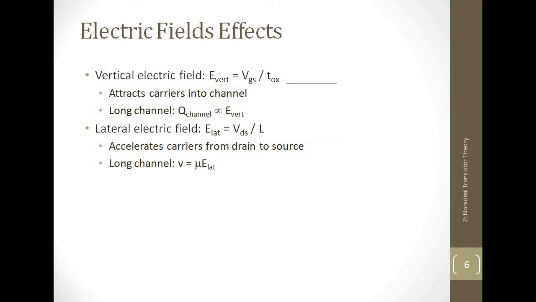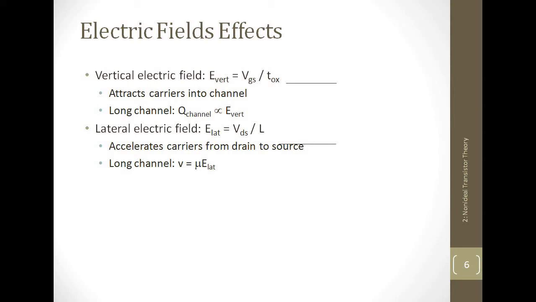Whereas when I say accelerating carriers from drain to source, acceleration is nothing but movement. It is the channel which is already existing, the charged particles, now they move. If they keep on moving, then it is called the lateral field effect.